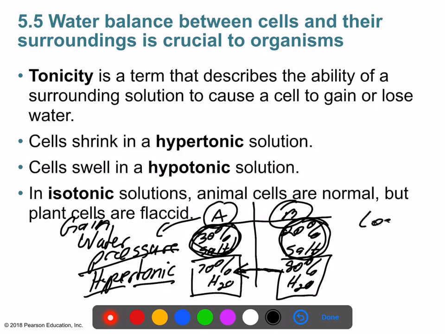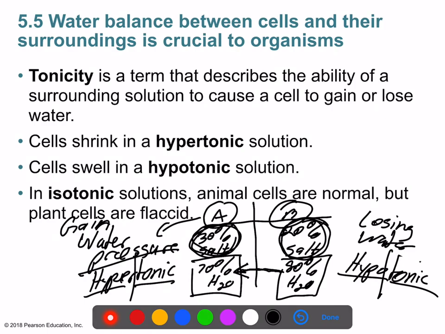Side B is losing water, so it's losing water pressure. So we would say it is hypo, as in lower or below, and tonic, water pressure. So literally low water pressure. And on side A, high water pressure.